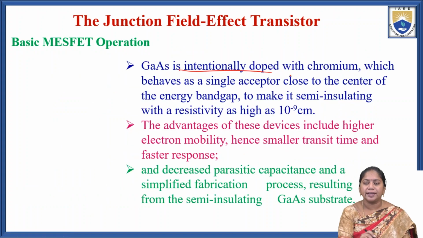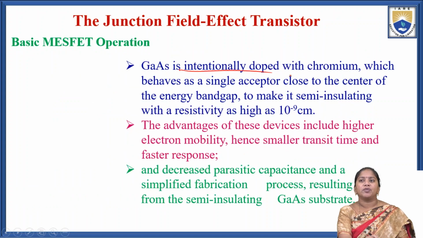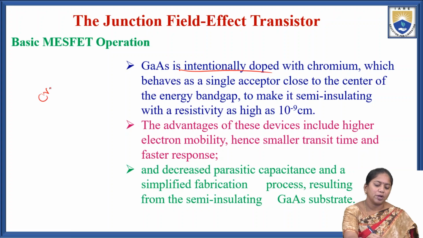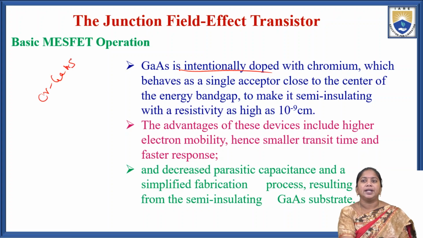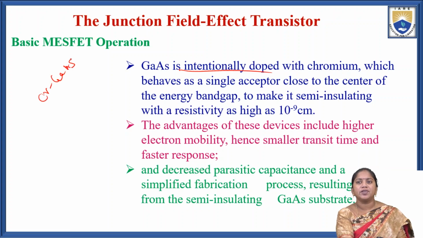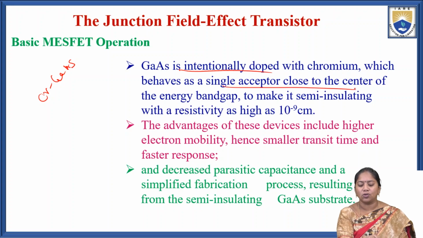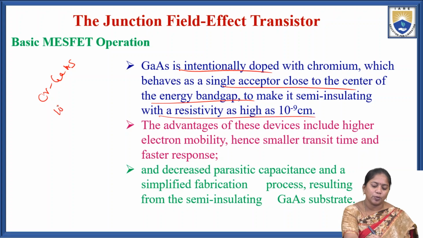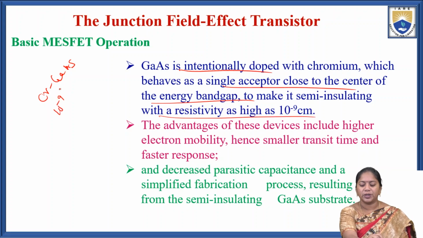Gallium arsenide is intentionally doped with chromium. This is the chromium doped gallium arsenide. Chromium behaves as a single acceptor close to the center of the energy band to make it semi-insulating, with resistivity as high as 10 power minus 9 centimeters per centimeter cube.